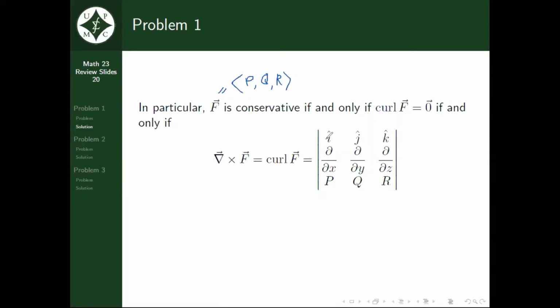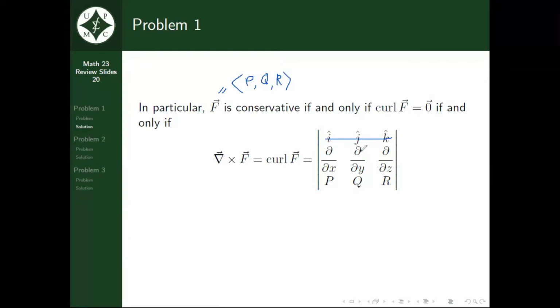So, we use the cover up method. Okay, cover up the first row. And for the first component, we just somehow multiply, similar to multiplication. Okay, so this becomes Ry, or partial derivative of R with respect to y, then minus the partial derivative of Q with respect to z.